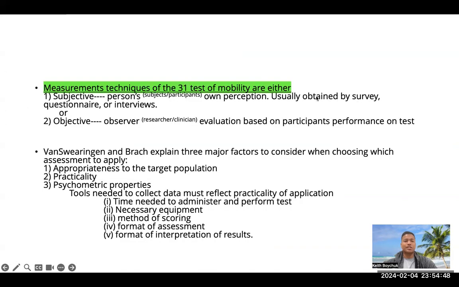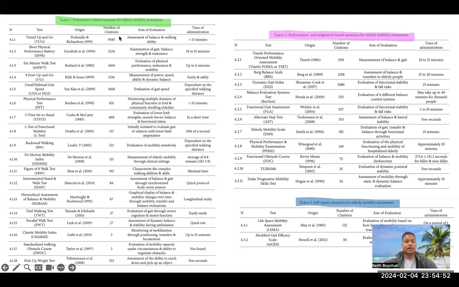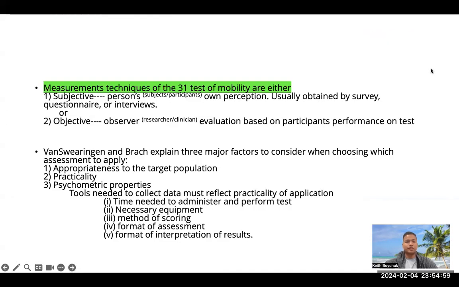Okay, so what? I mean, there's a lot of information to dissect with it. But like I said, once again, we are looking at specific areas: the number of citations, purpose of evaluations, and then the time to administer the test. Some strengths and weaknesses of these subjective tests: once again, they are sometimes not as reliable because participants may have a negative disposition or not the best point of view on how they're doing.